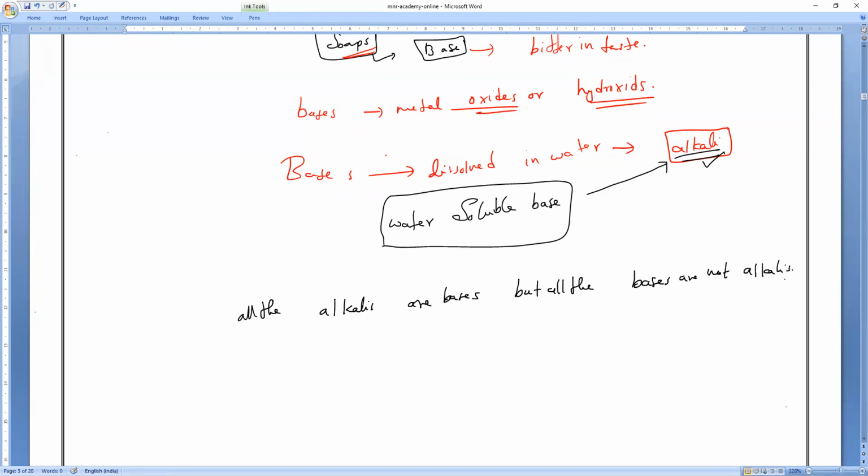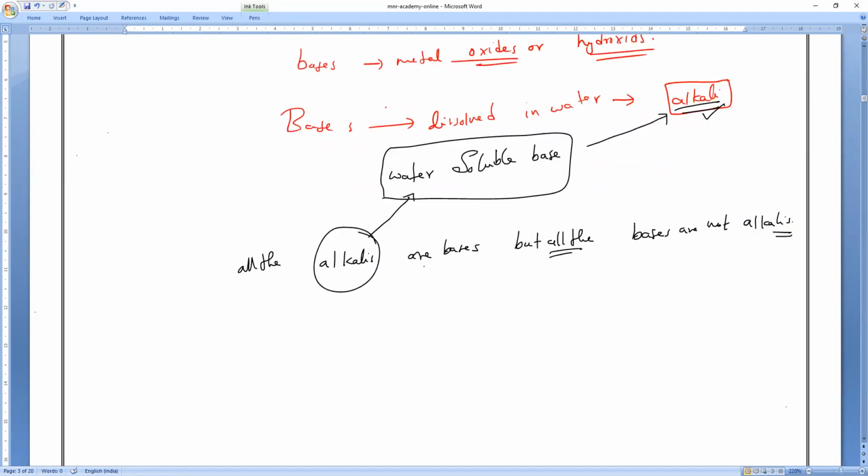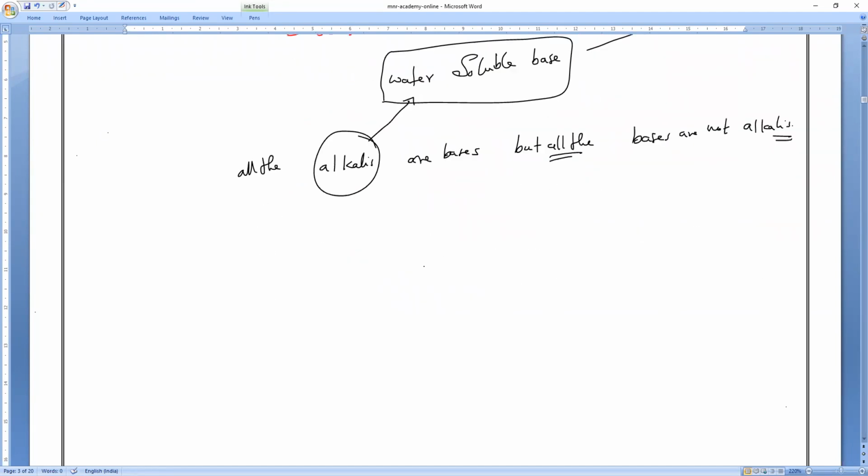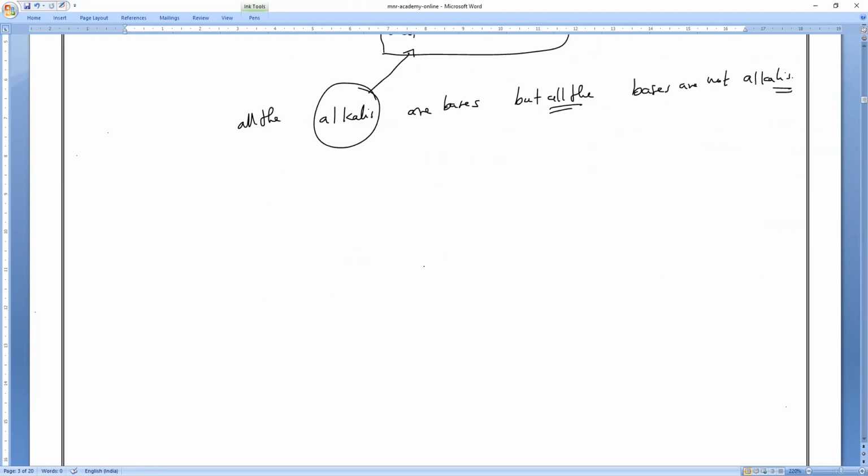Is it okay, guys? Yes, that is what you have to remember. Any doubt, anybody can ask. Clear? So everybody make it quick. What do you mean by alkali? Definition: alkali means water soluble base. You have to write it. Okay, make it quick.